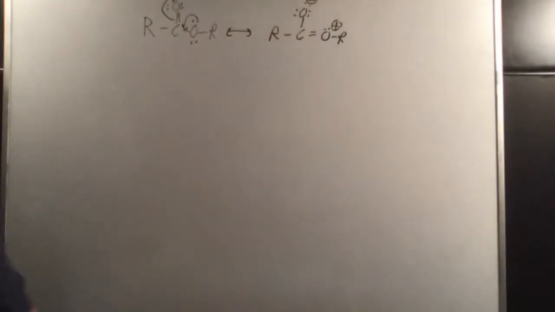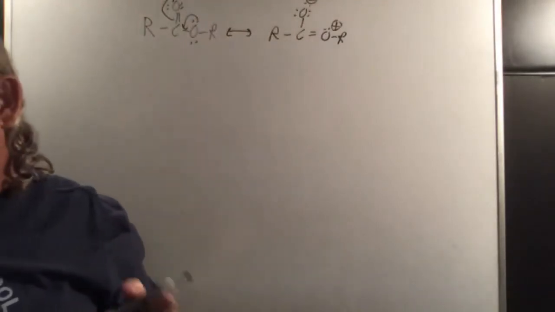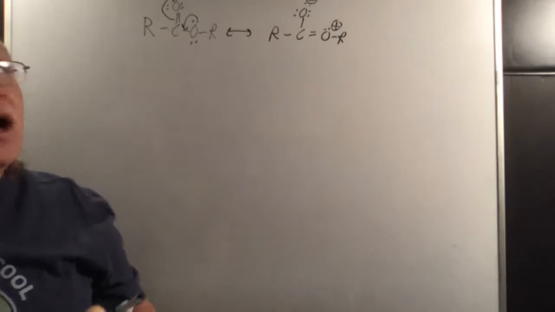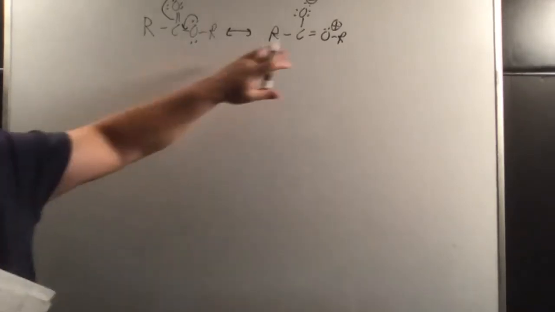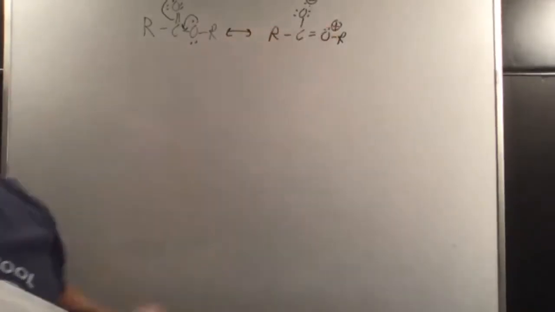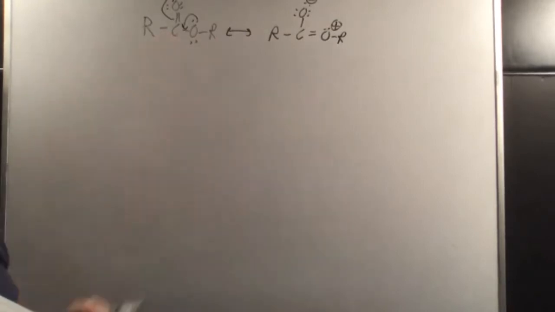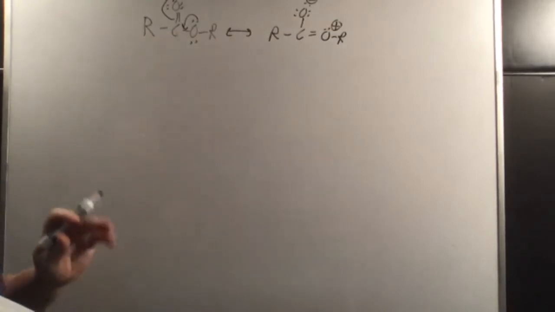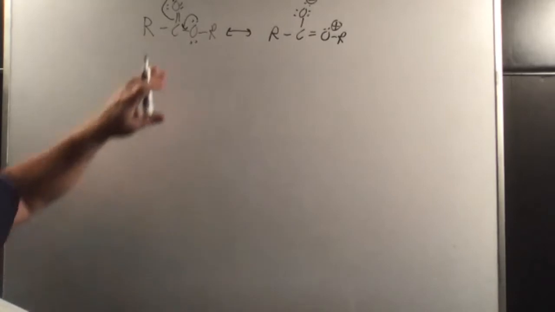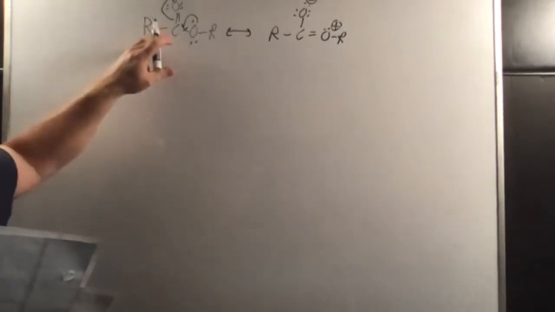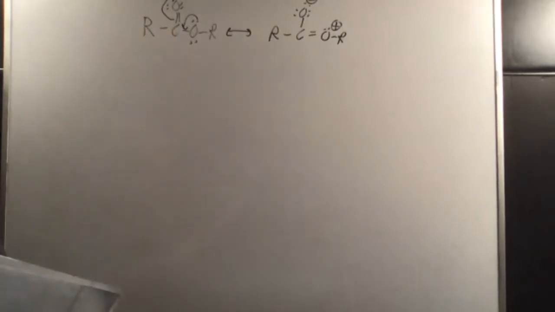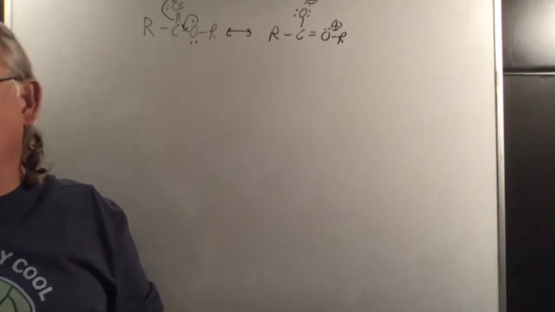So this resonance structure isn't as important as we would think, but it is somewhat important. There's charge separation, but it is a valid resonance structure. So what this does is it changes the acidity of the alpha hydrogens, okay, making them not as acidic.